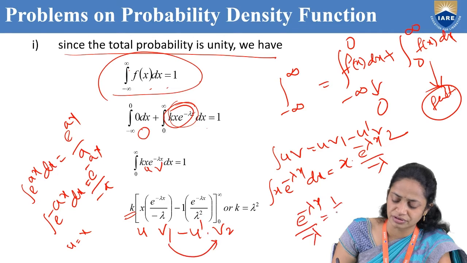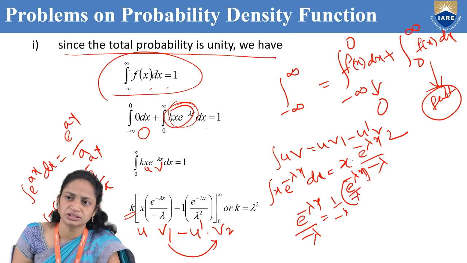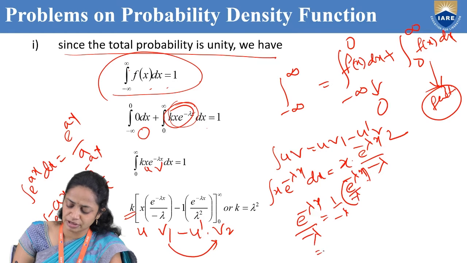So that can be written as 1 by minus lambda, and the integration of e power minus lambda x is e power minus lambda x by minus lambda. Using this, that will be e power minus lambda x divided by lambda square.